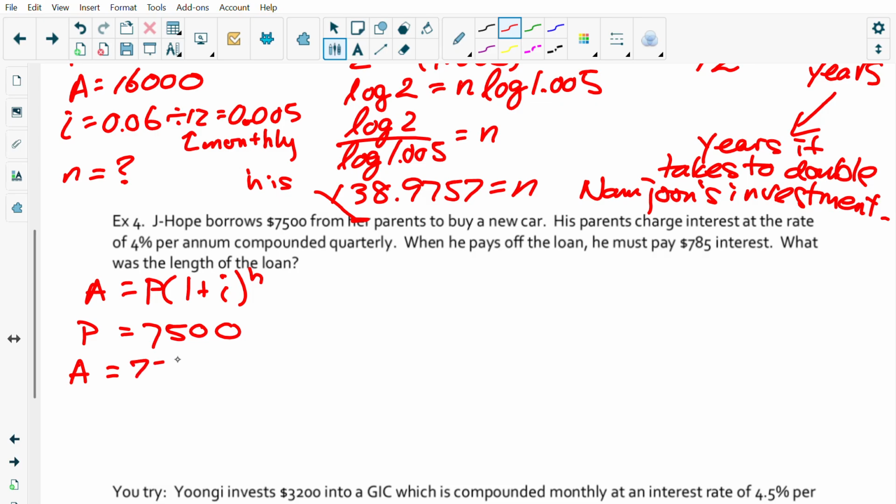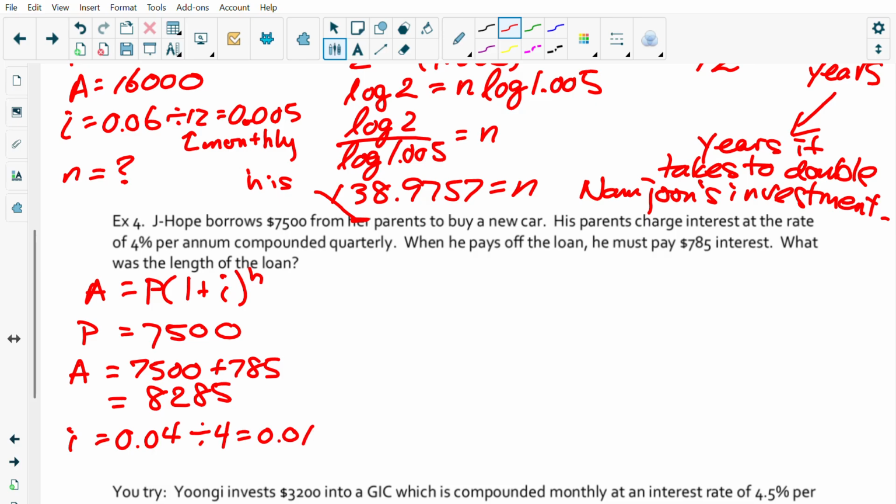My A value, I'm going to add the principal amount with the interest amount, and I get $8,285. My interest rate, 4%, 0.04. It says compounded quarterly, so I'm going to divide by 4. So my quarterly interest rate is 0.01. Let's fill it in. 8,285 equals 7,500 times 1 plus 0.01 to the n.